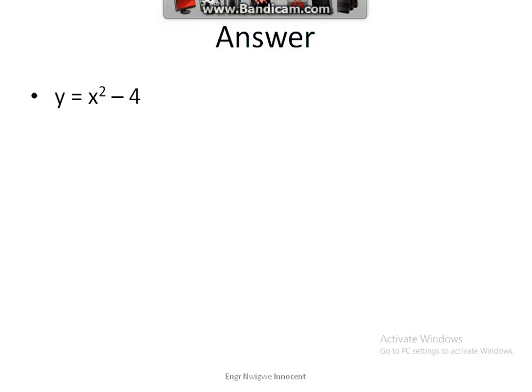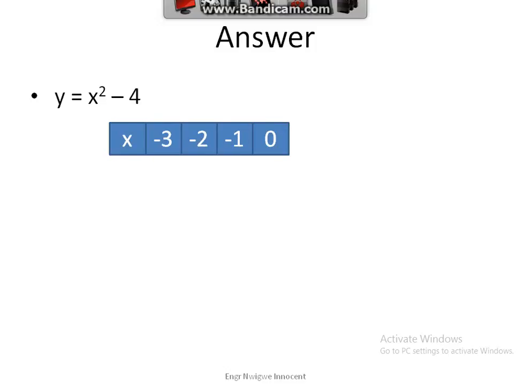Answer. First of all, we tabulate the values of y equals x squared minus 4 from x equals minus 3 to x equals plus 3. Therefore, x ranges over minus 3, minus 2, minus 1, 0, 1, 2, and 3. Since we are looking for y, y equals x squared minus 4.